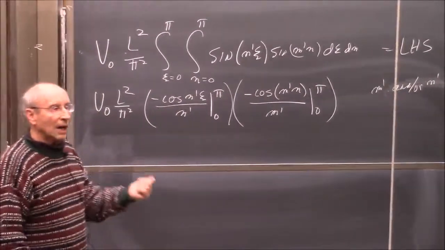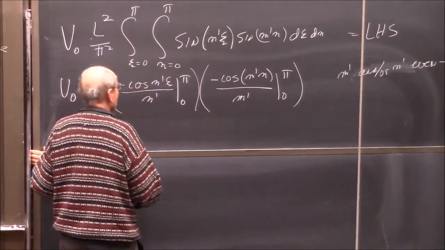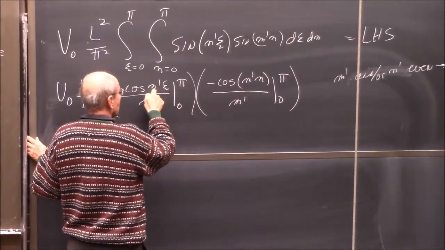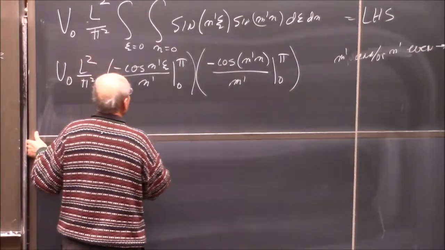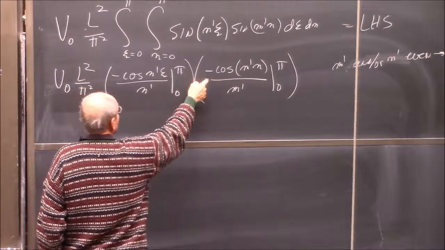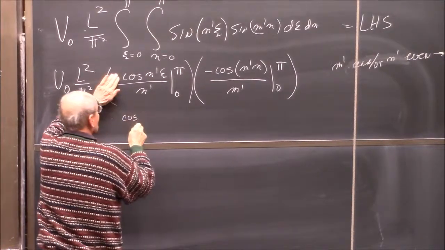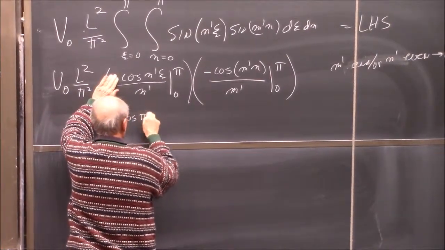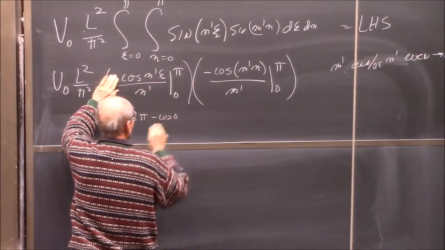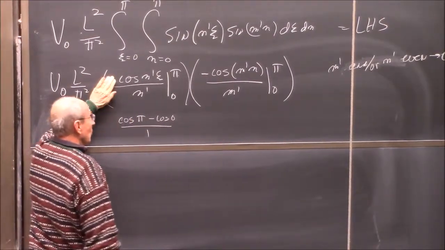Now suppose they're both odd. Well, if they're both odd, then what's going to happen is you're going to have cosine of, suppose it was 1, for example, you would take out the two minus signs, and then you'll have cosine of pi minus cosine of 0 divided by 1.